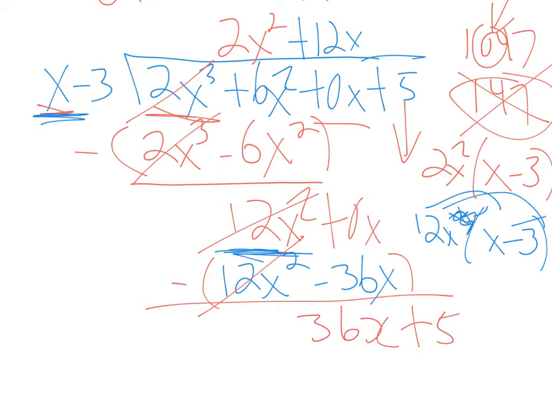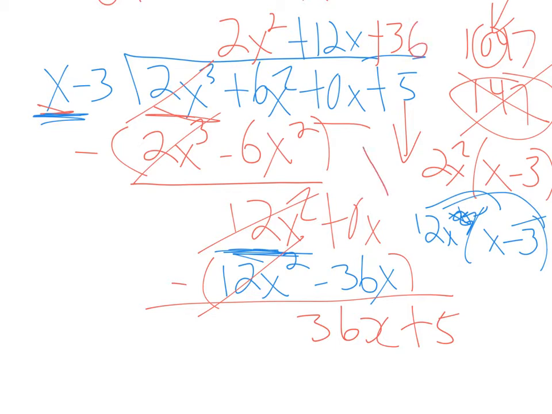And now I've got to see how many times does x go into 36x. Okay, how many times does this x go into 36x? And let's see. I think it will go in 36 times. And it does.